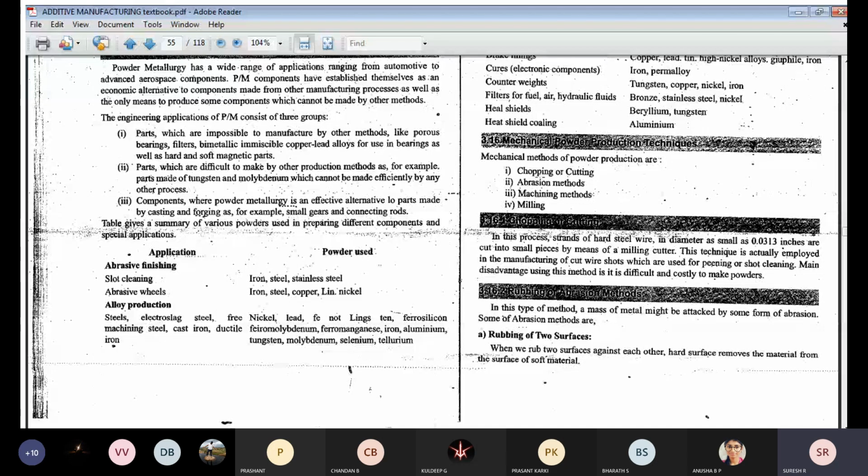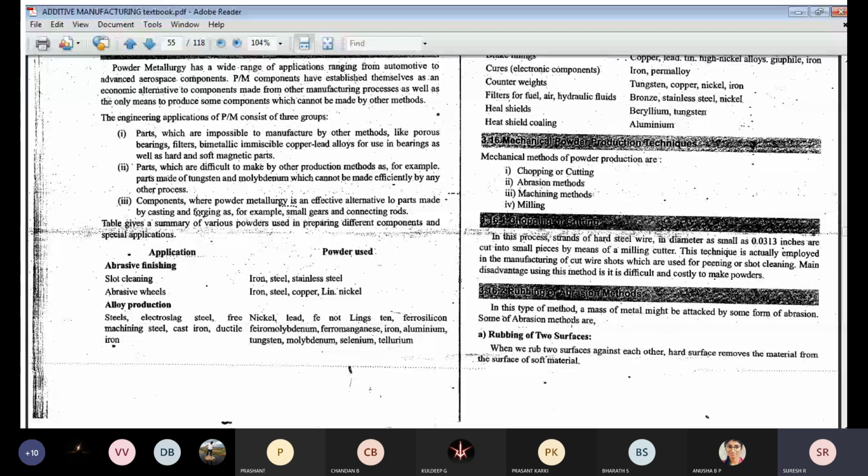The second type is the filing process. Filing is a production method that has been frequently employed. In this abrasion method, the most common way of making metal powders is filing. It has been employed especially for alloy powders, an alloy being a combination of two metals.